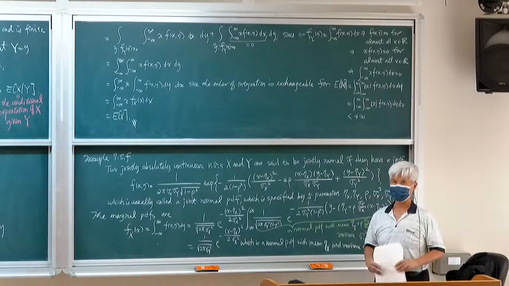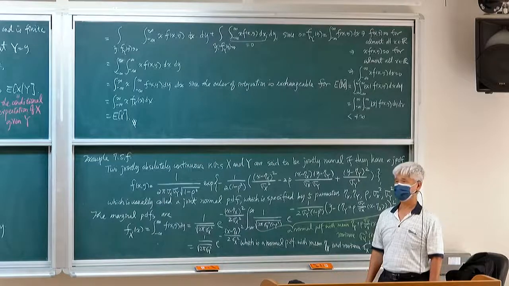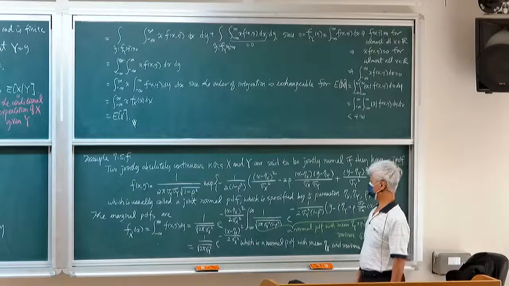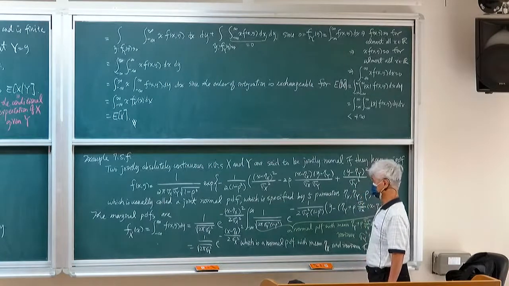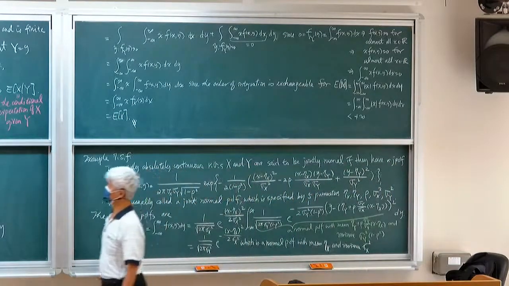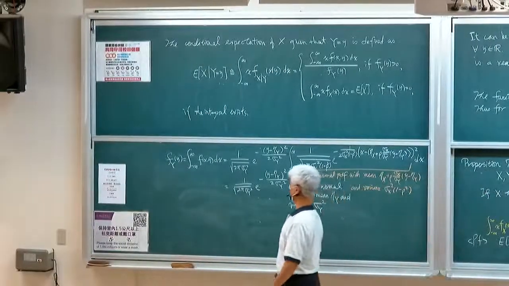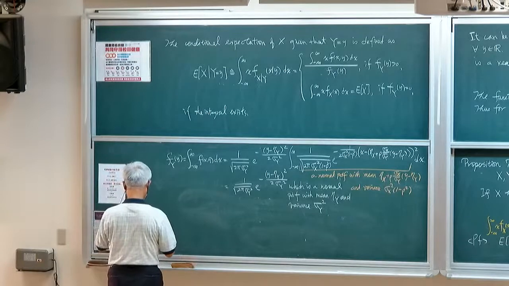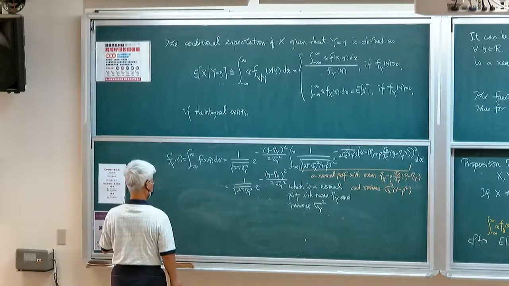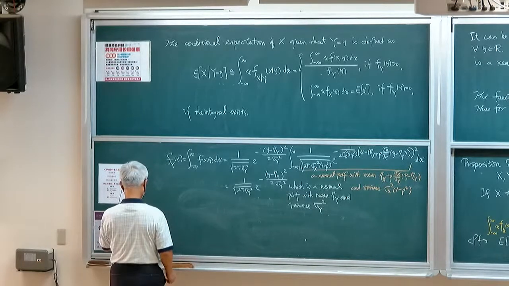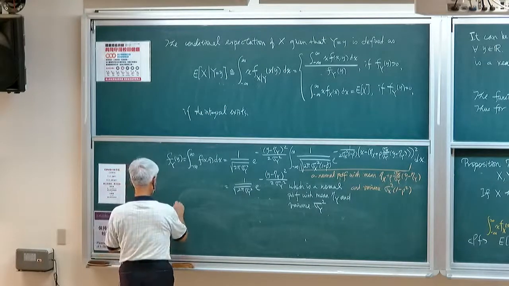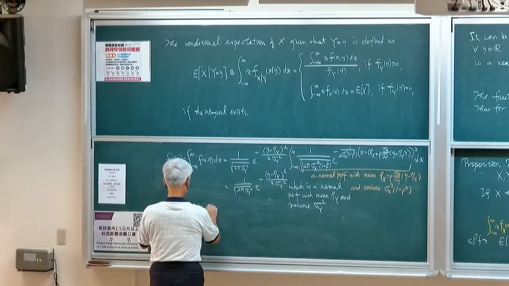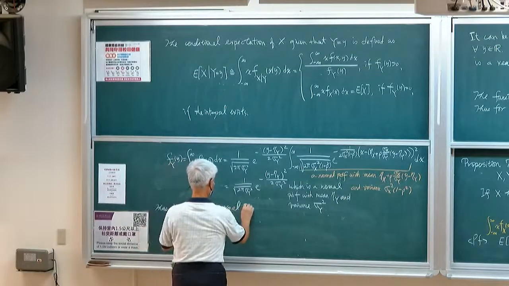Any questions before I proceed? All right, so we conclude that x and y are normal random variables.